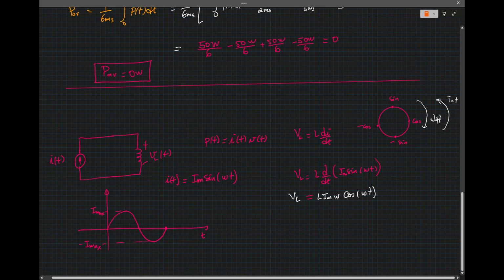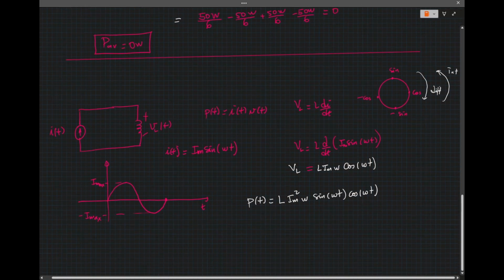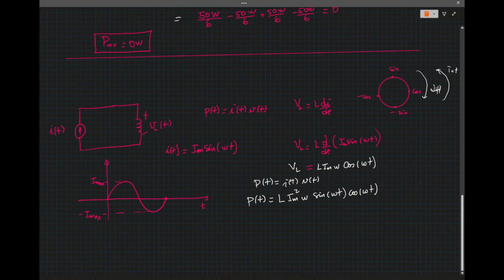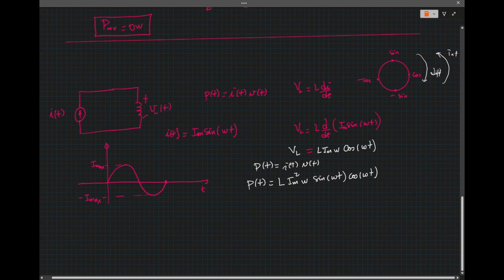So that's v_L. Then the instantaneous power is L I_max squared omega sine omega t cosine omega t, which is i(t) times v(t).